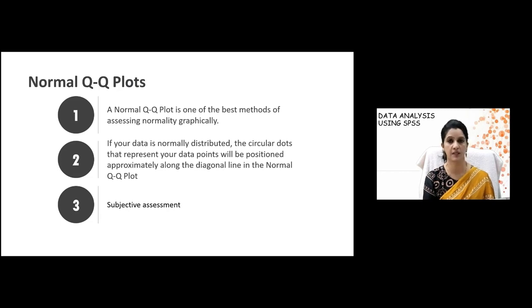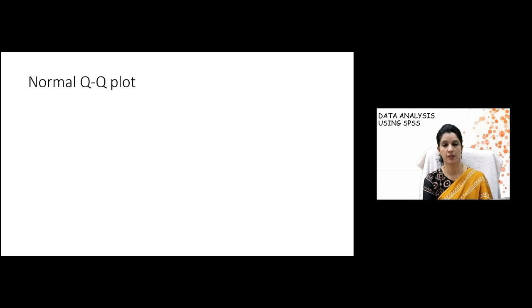It is a subjective assessment, so you need experience. The more you see normally distributed data, the better you can comment on non-normal data. If you are having a problem, you can apply more than one way to test for normality. Then you will be doubly sure if there is a confusion. But if there is no confusion, you can go ahead with the QQ plot.